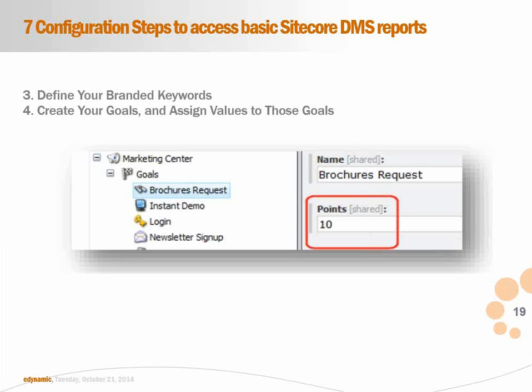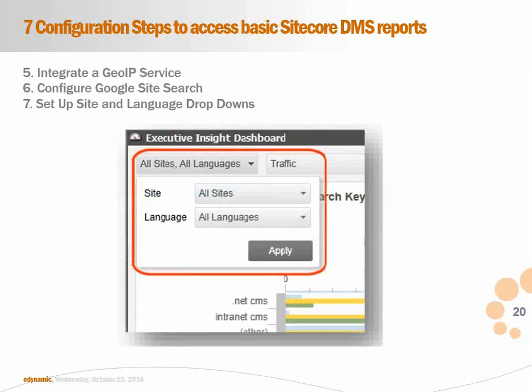Moving on to the next steps in accessing the basic Sitecore DMS reports, you need to integrate a GeoIP service. You can buy credits from third-party web services, as we talked about in previous slides, such as MaxMind, to analyze the latest visits report.